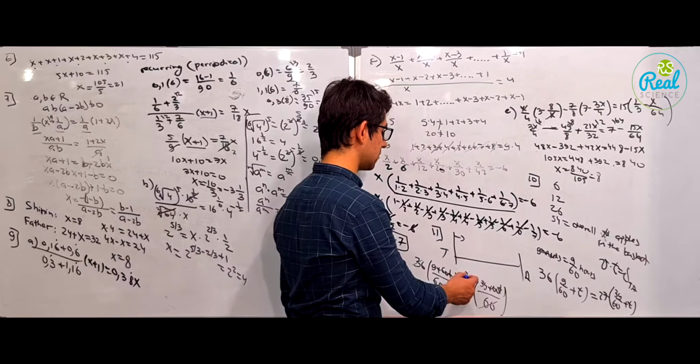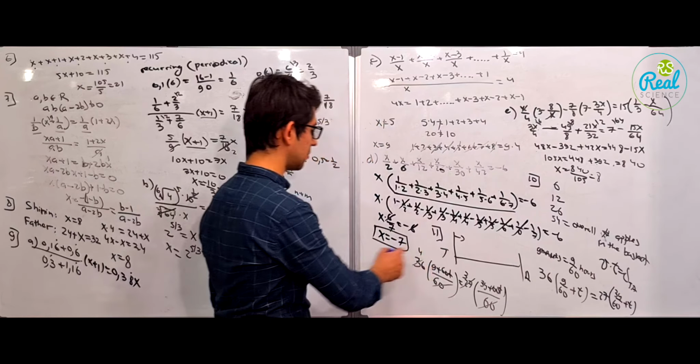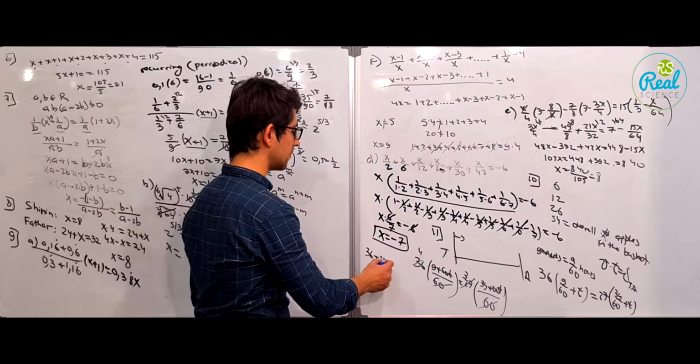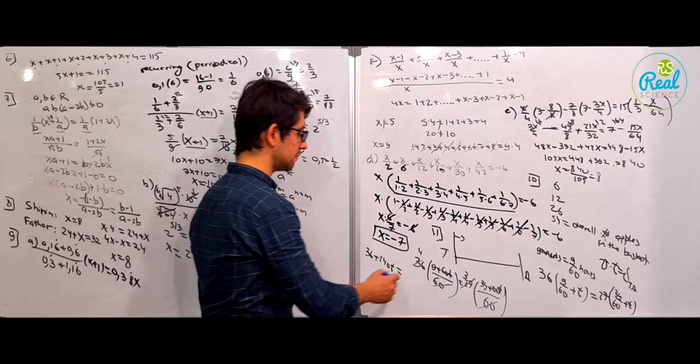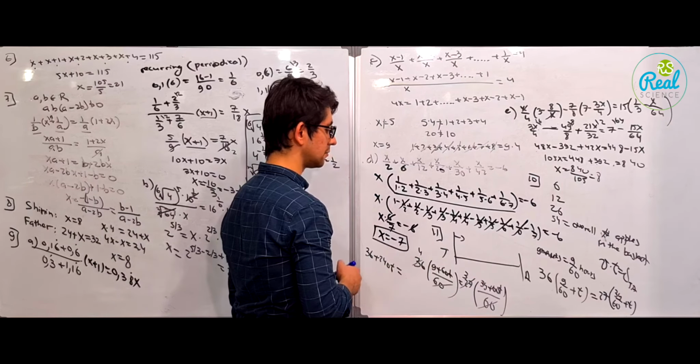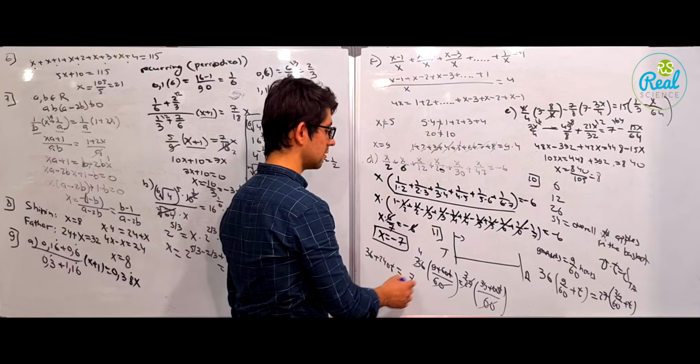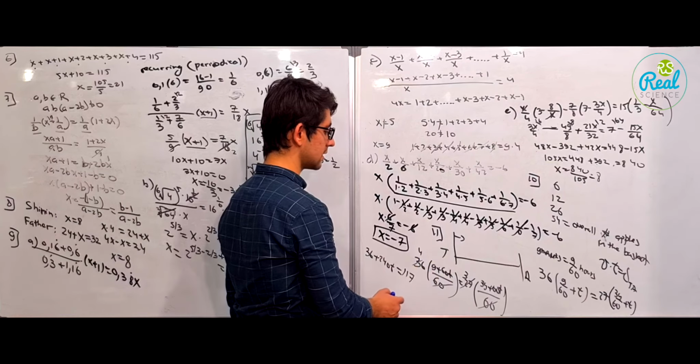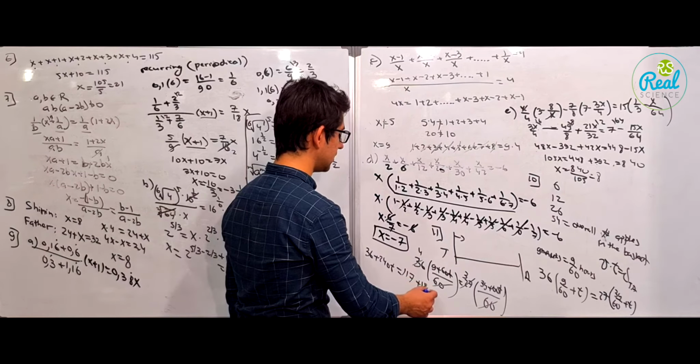And the result is 3, the result is 4, and open the bracket, 36 plus 240t equals, so what is the result? 117 plus 180t.